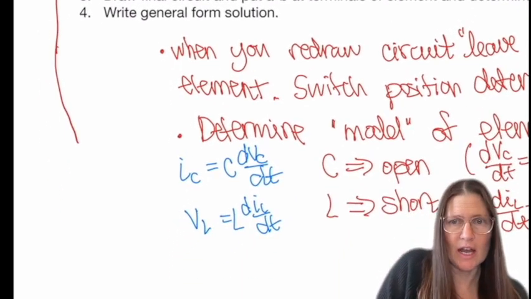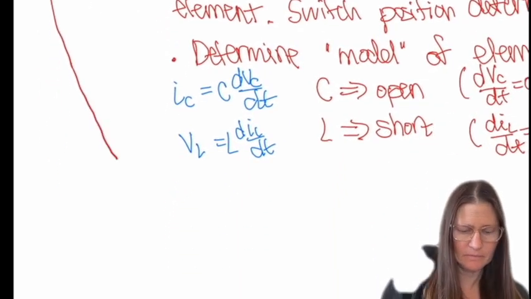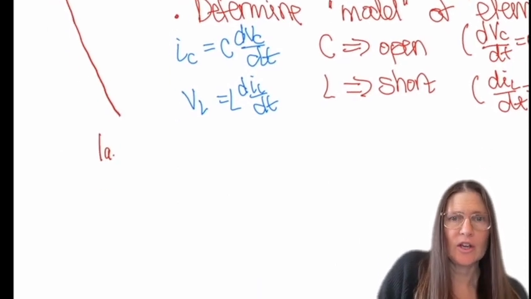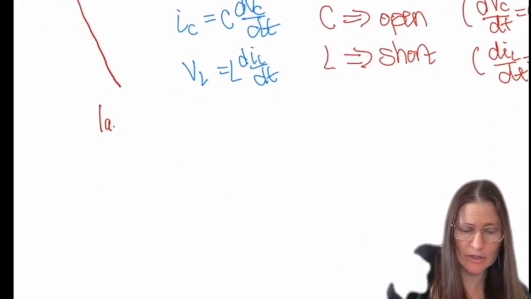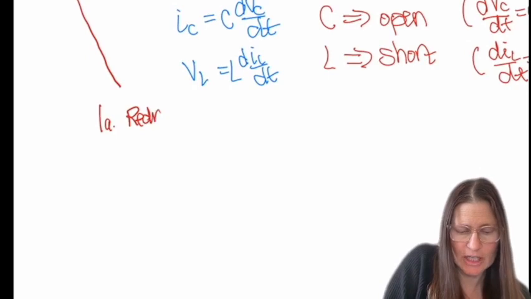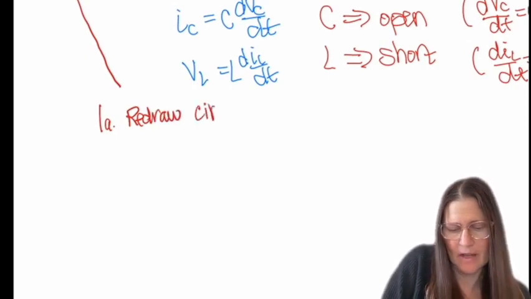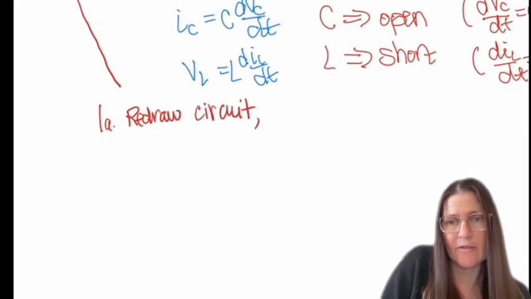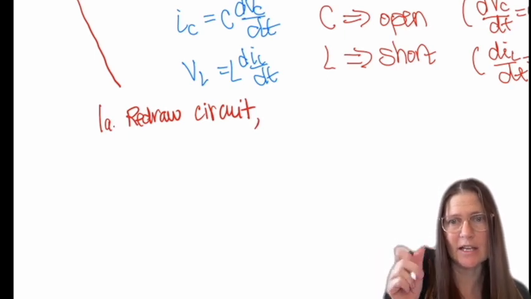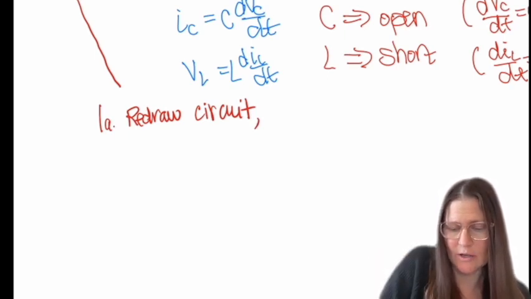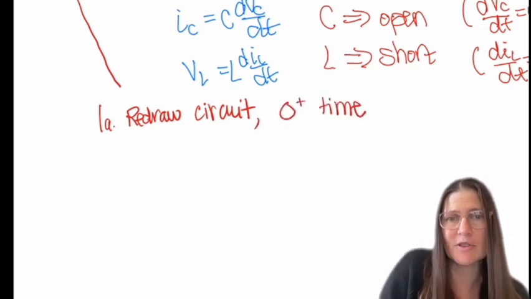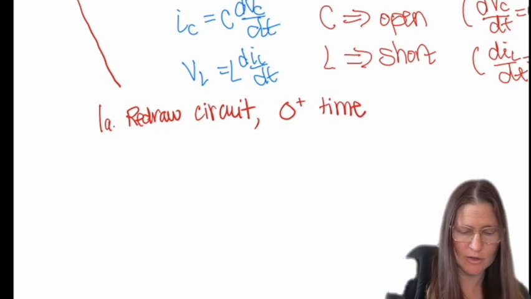On 1A, you are going to redraw the circuit again, and again leave out the switch and the capacitor. In this case, you're going to do it at 0 plus time, so right after the switch has moved, and you're going to determine the switch position.